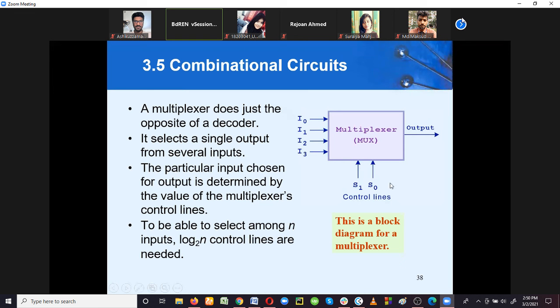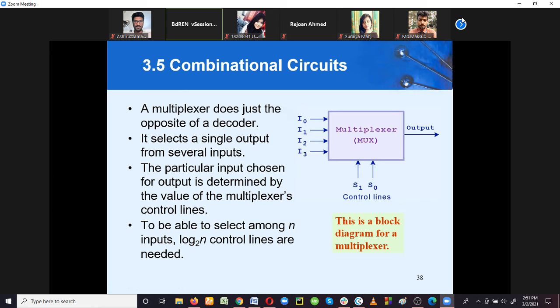So this is the control line. What is the work of the control line? You will get the answer from here. That means from which input the output will be taken will be chosen by the value of the control line.